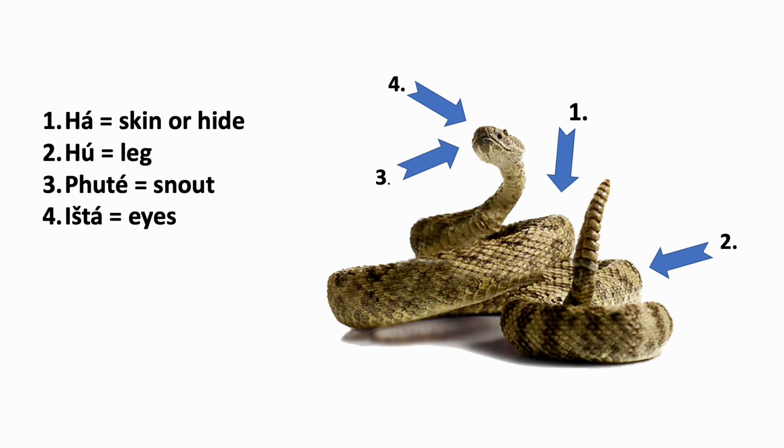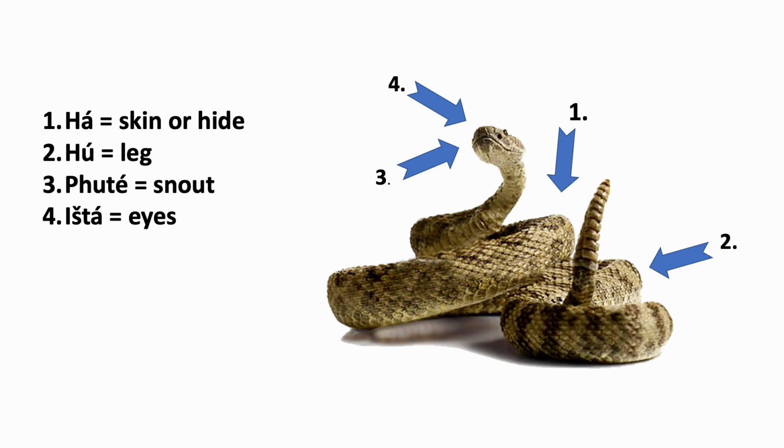And they don't have legs, but we're trying to keep the sequence here. So hu is legs, and we're not going to be really using tail because the tail's part of their body as well, so we'll skip over tail.